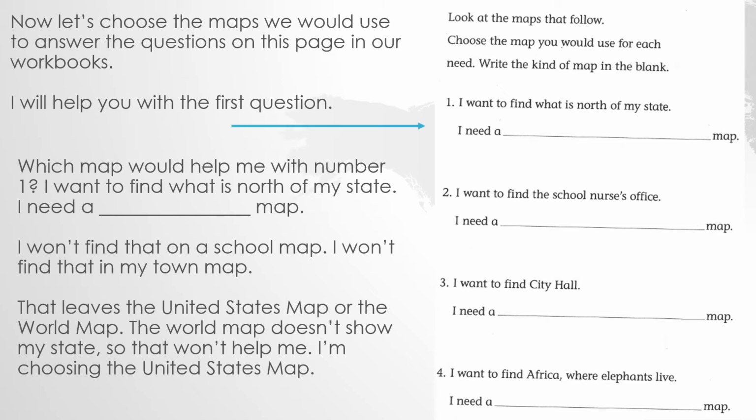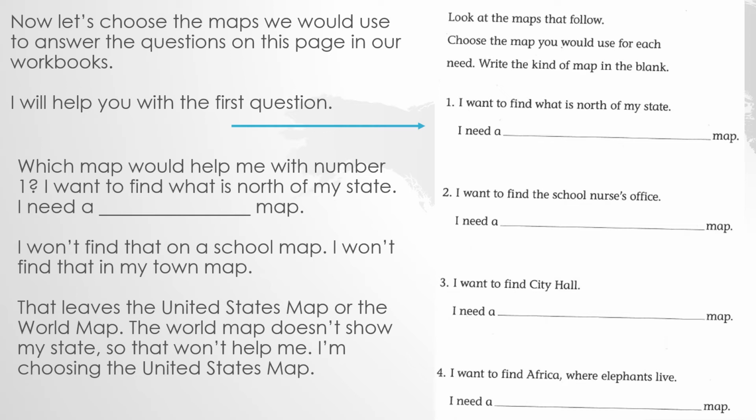So we're looking at number 1. Which map would help me? I want to find what is north of my state. I need a blank map. School map? I won't find that on a school map. I won't find that on a map of my town either, because I'm looking for more than just where I live.